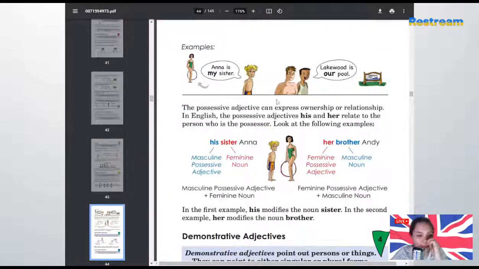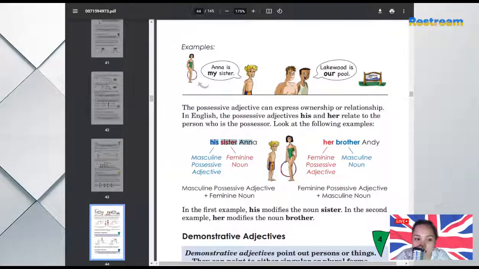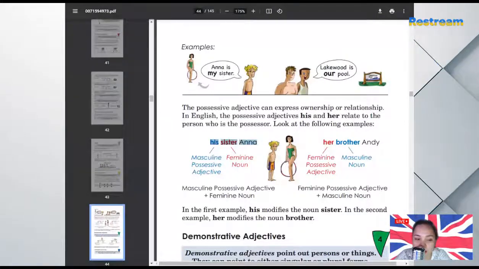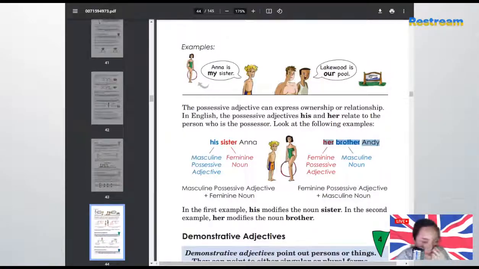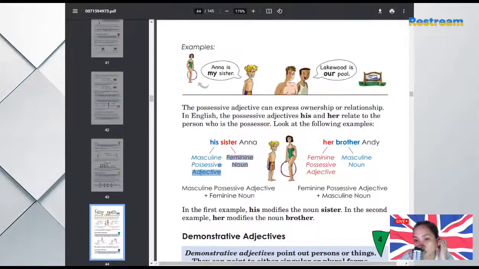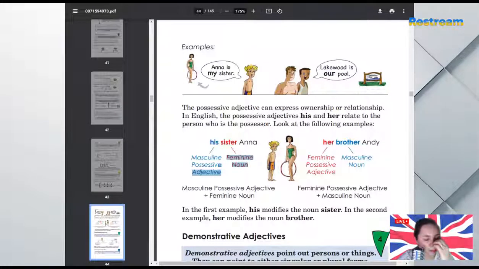In English again, the his or her is the possessor. For example, we have his sister Anna, or her brother Andy. His is masculine, a possessive adjective for a man, but there is no specific name. While Anna is a feminine noun. The noun is a very clear one, you can easily understand this.